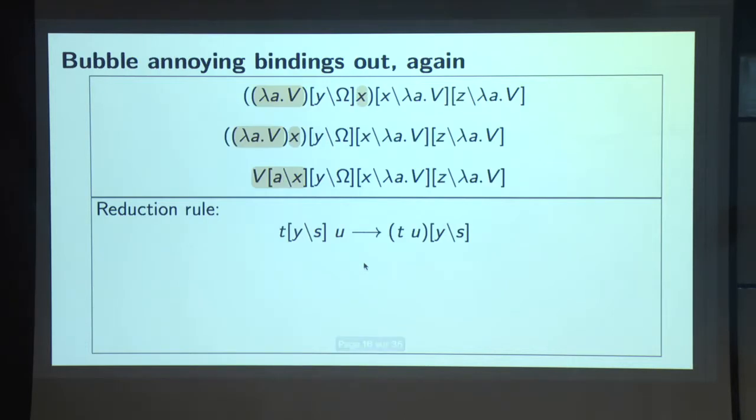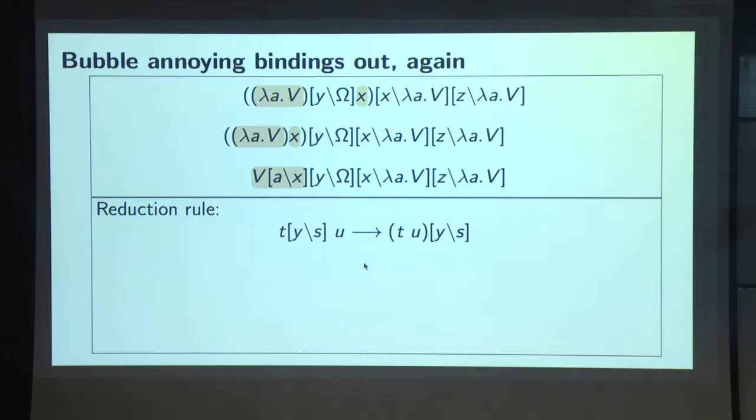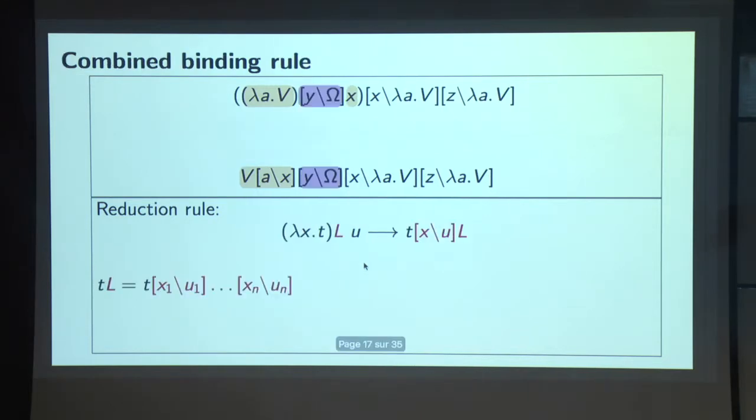And the very same phenomenon appears with the beta rule. So here I have the function applied to an argument x, just there is a substitution in between, so we have the same kind of administrative rule that allows to move the substitution, and then we can apply the rule. And same thing, we take only one rule, which is a combination of this.